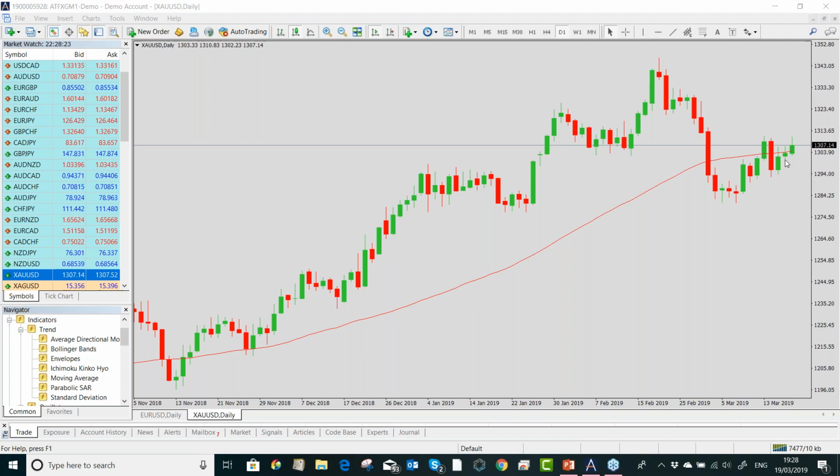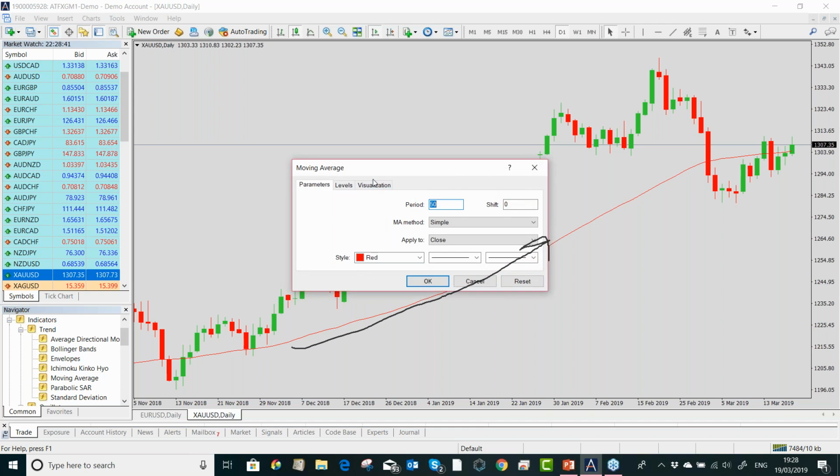The moving average is heading higher, and that tends to suggest that price is heading higher and the trend is therefore up. Now, if we use more than one moving average, that gives us added confidence that that trend is moving up. And I'll just put a 20 moving average on there.